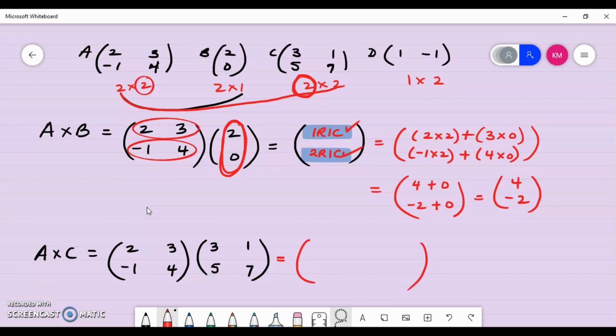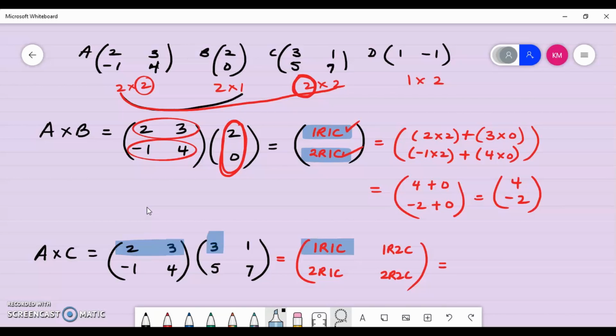So it's going to be a 2 by 2 matrix, which means that the element here is going to be in the first row, first column. Here, first row, second column. Here, second row, first column. And here, second row, second column. So now I will multiply my first row by my first column.